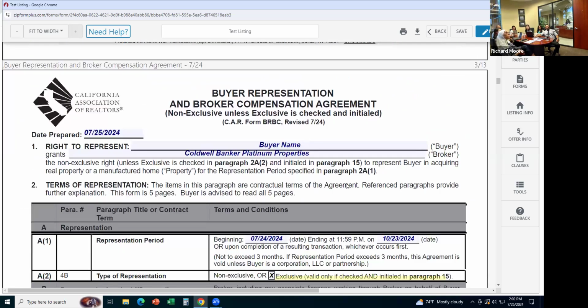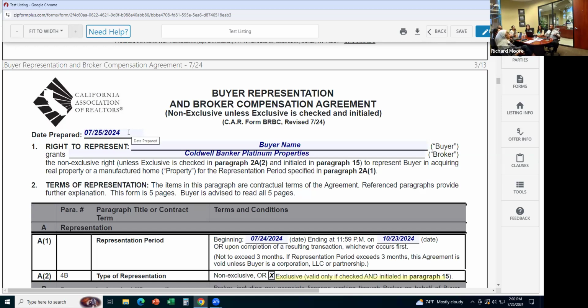And then it takes you straight into the Buyer Representation and Broker Compensation Agreement. If you notice, the date revised is July 24th. So this is the most recent up-to-date one that we're using. Hopefully they don't change it again. The first thing we're going to notice up here is the date prepared, and it serves two purposes.